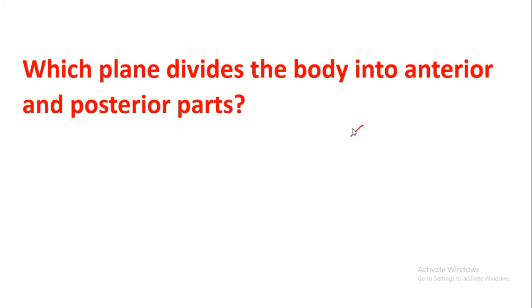The first line that we can talk about is the sagittal line. So when you talk of the sagittal line, this is the line which passes through the suture between two parietal bones. And the name sagittal is coming from that suture which is between two parietal bones.